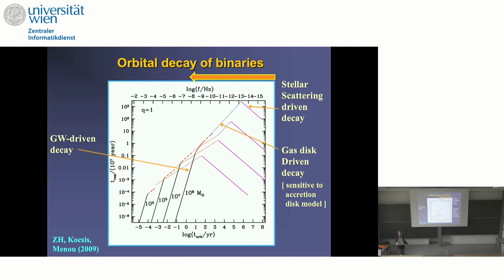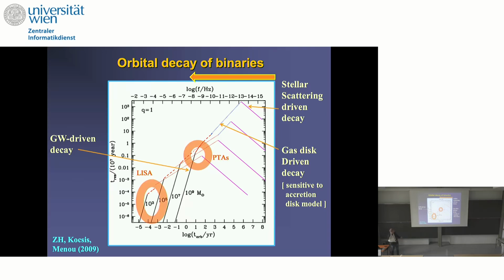This is the picture you should go away with: I think binaries can merge in a Hubble time. The merger is quicker for lower mass, because gas can push it faster. At very large separations, it's stars that help you drive the binary together, then gas, then gravitational waves.